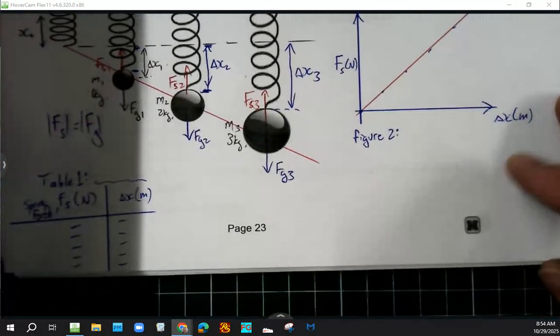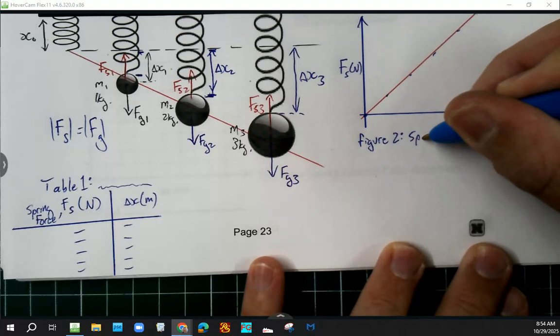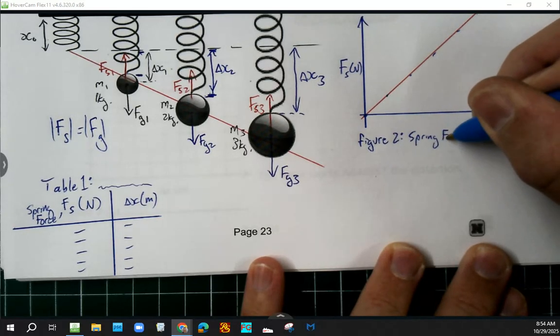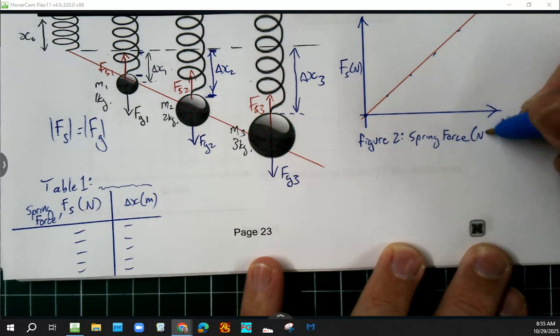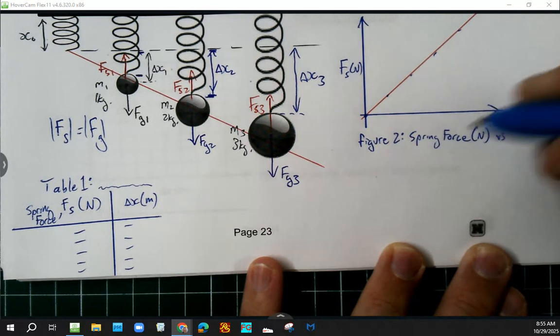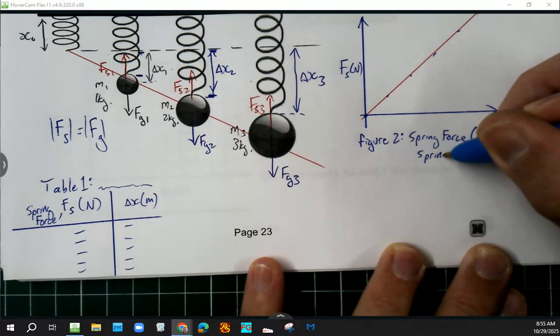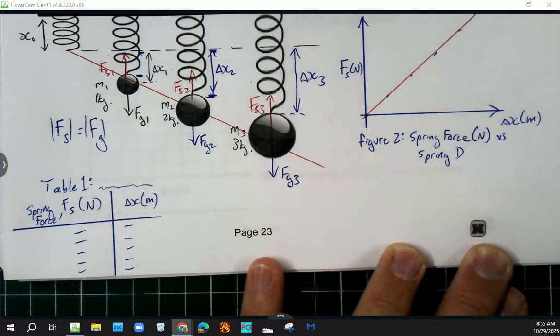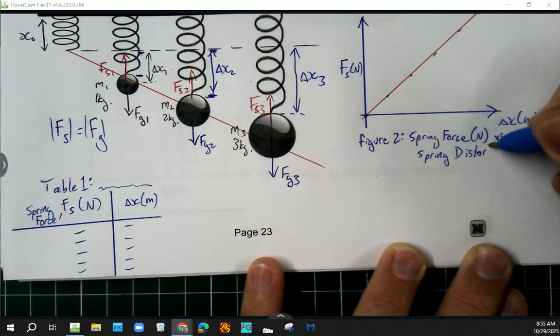So figure 2, in our same subsection, is going to be spring force in units of newtons versus spring distortion. And ideally, we wouldn't wrap a title around 2 lines like this, but I have a layout issue. In meters.